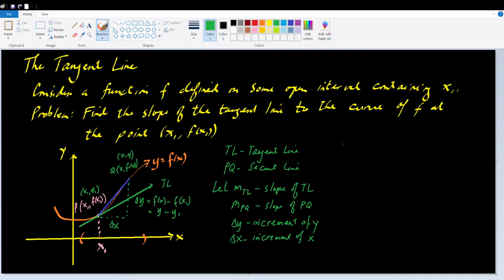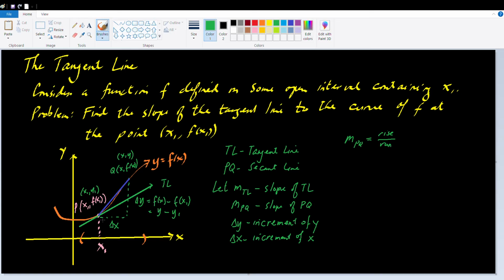Alright, so the slope of the secant line PQ is the tangent of the inclination, which is the ratio of the rise to the run. Rise over run, that is the slope.